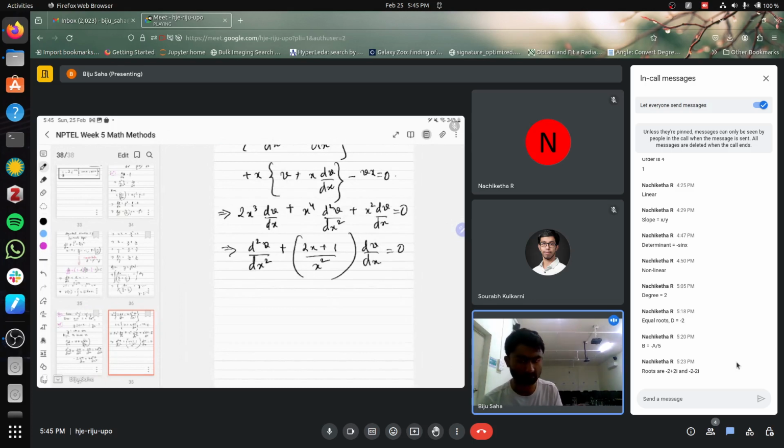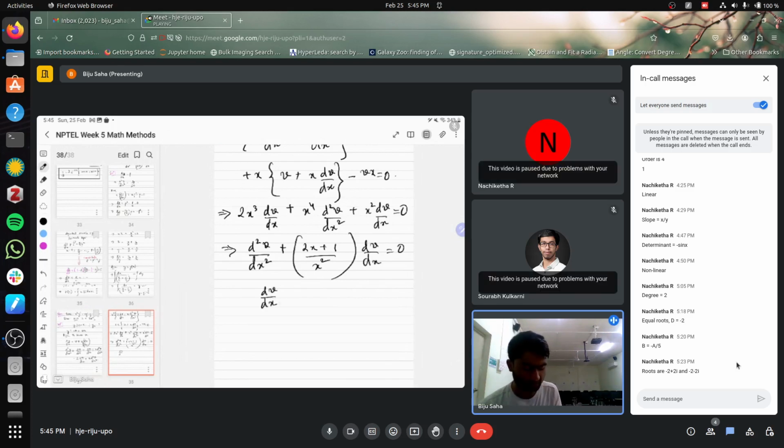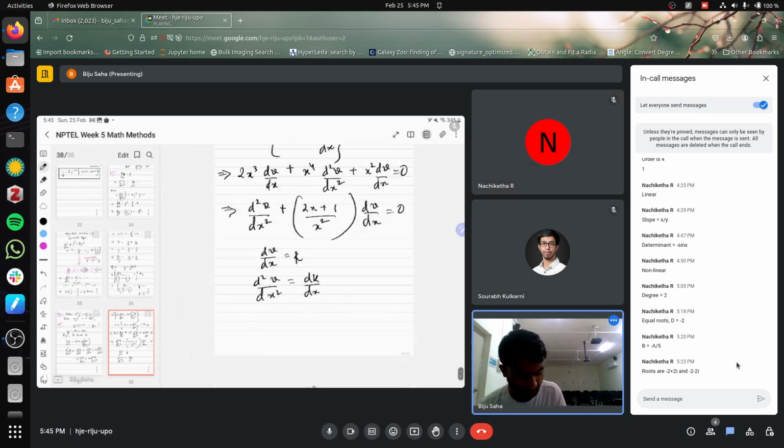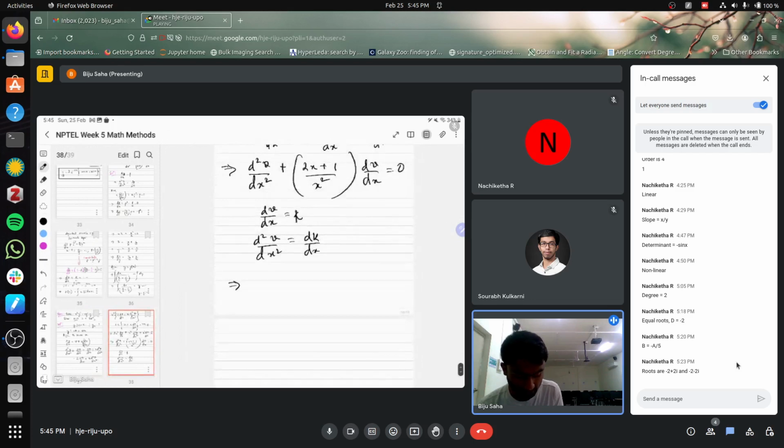So we are trying to make it into a first order equation. That would mean that if I can substitute dv by dx as some variable, let's say k, then my d square v by dx square would be simply dk by dx.